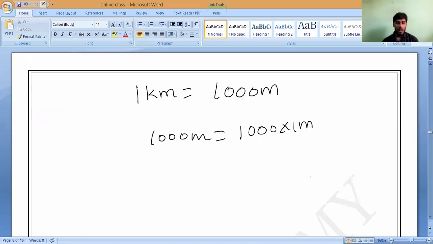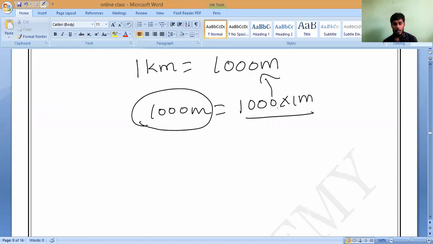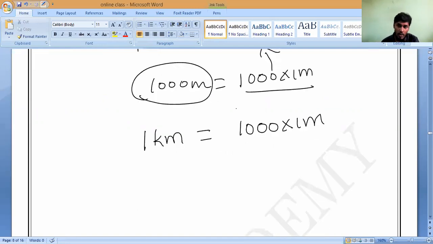In place of 1,000 meters, can I write 1,000 into 1 meter? So I can write 1 kilometer is equal to 1,000 into 1 meter. Is it right or wrong? Right only. Correct?